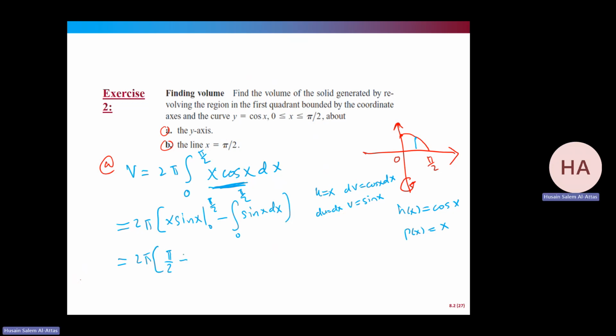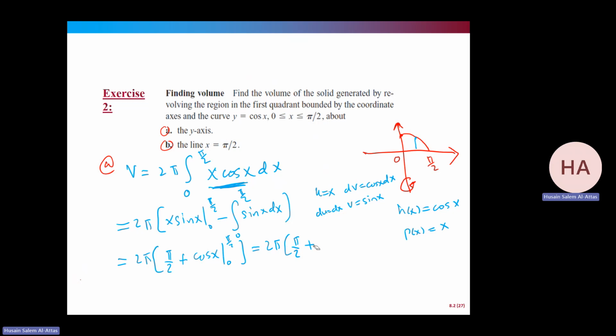Minus this will be plus cosine x from 0 to pi over 2. That gives me what? 2 pi times pi over 2. This is plus what? Cosine pi over 2 is 0 minus cosine 0, which is 1.